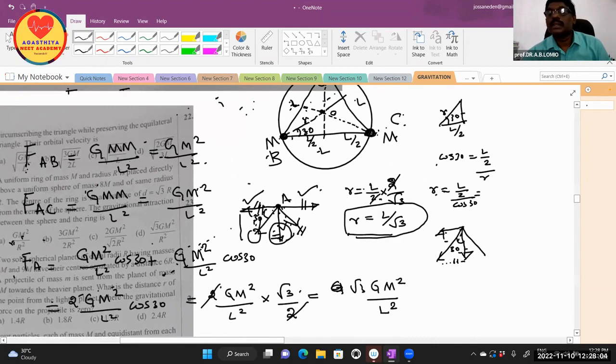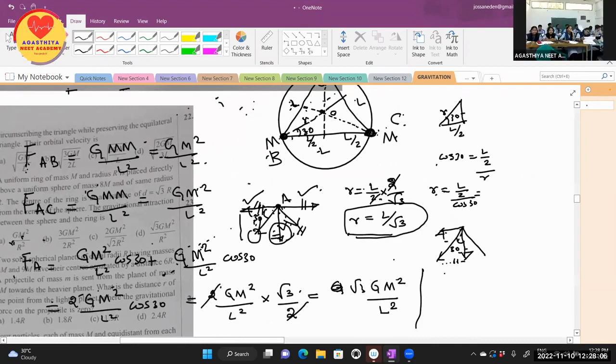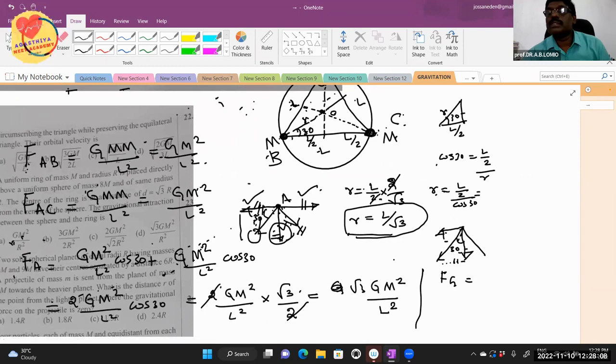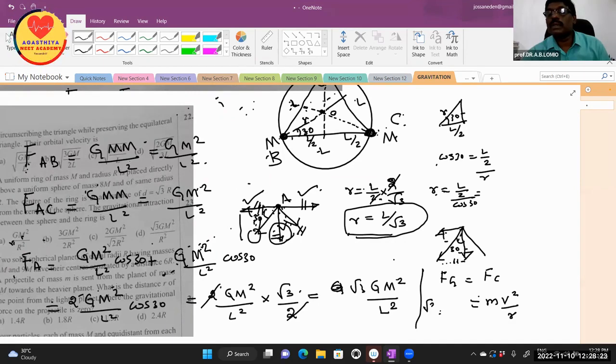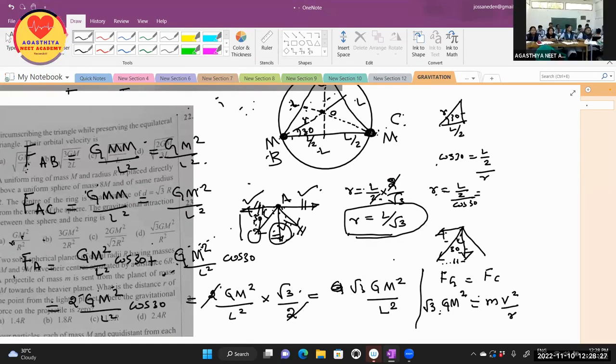We know that gravitational force is equal to centripetal force. Centripetal force formula: M V squared by R. Here the gravitational force is root 3 G M squared divided by L squared.